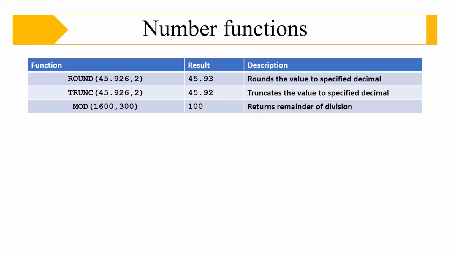The only difference is that round will round off data. For example, 45.926, if I am rounding it off to 2, and because the third number is more than 5, so 2 increases to 3, right? That is how round works. But truncate is just cutting off the last numbers. Even if it is 6, it doesn't matter. It will just cut off and give you the original values only.